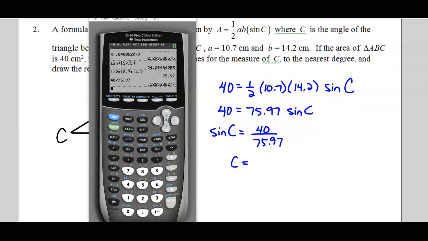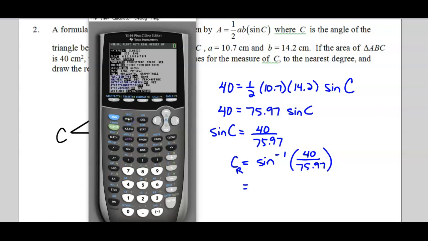So now C, really they were finding the reference angle because it could be, we don't know yet, two possible cases. So, second, what are we in? It says degrees, so let me check. Yeah, we're in degrees here.